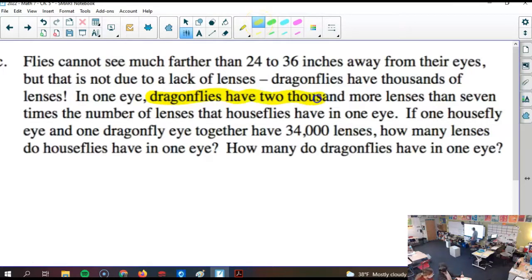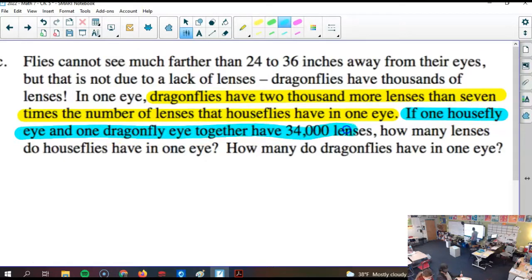Dragonflies have in one eye. The number of house flies. That's 7 times the number of house flies. So, let it be a variable.